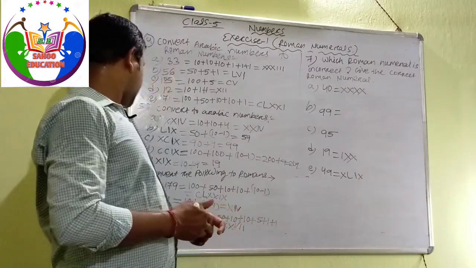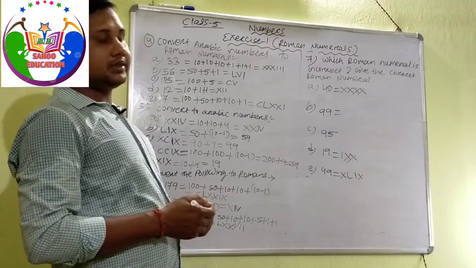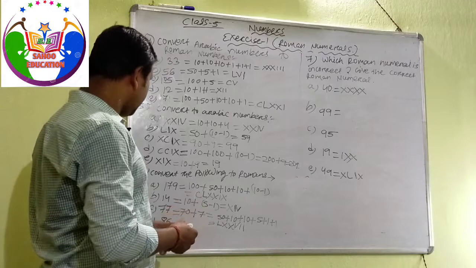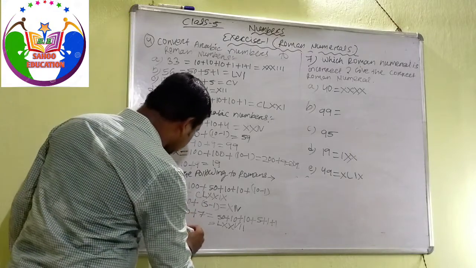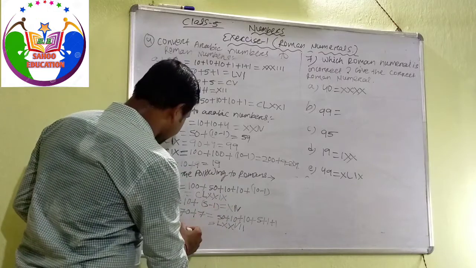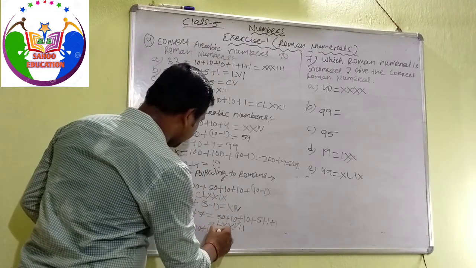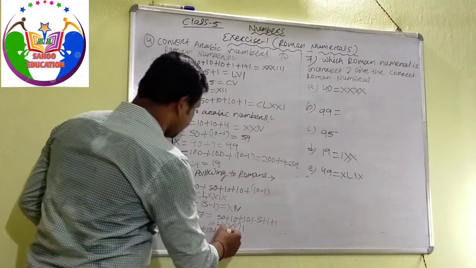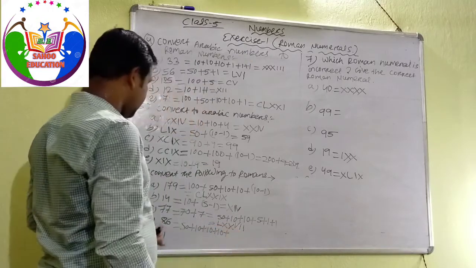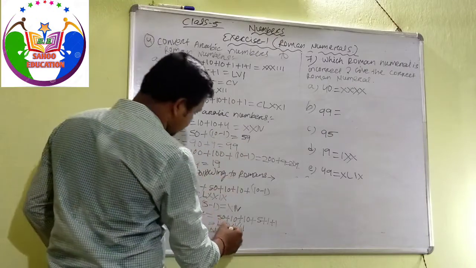Now come to the next number, 86. Here we know 80 is written as 50 plus 10 plus 10 plus 10, then 6 can be written as 5 plus 1.